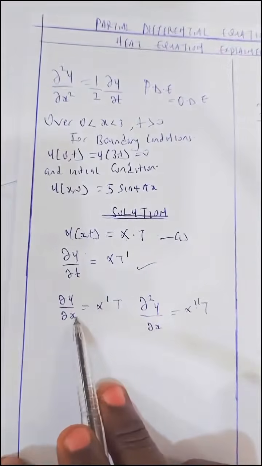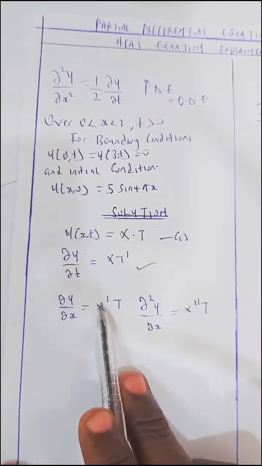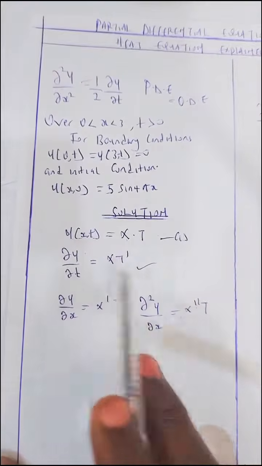We've differentiated X multiplying T. We want to get the second derivative, same idea: differentiate this. By the time you differentiate this, you have X double prime multiplying the constant. Similarly for this, that's what we did.